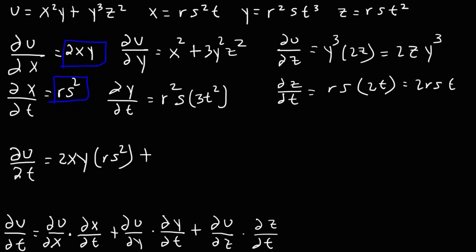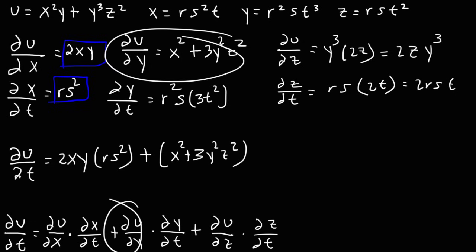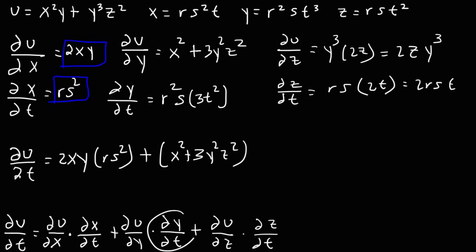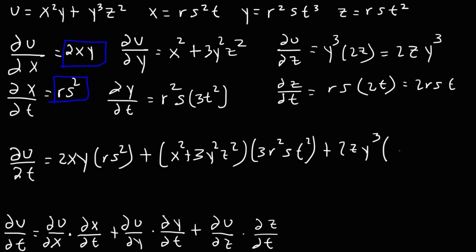And then it's going to be plus x squared plus 3y squared z squared. That's the partial derivative of u with respect to y, times the partial derivative of y with respect to t, which is 3r squared s t squared. And then it's going to be plus 2z y to the third times the partial derivative of z with respect to t, which is 2rst.